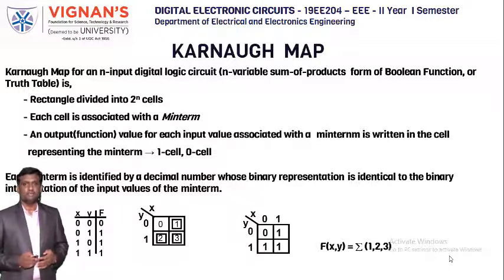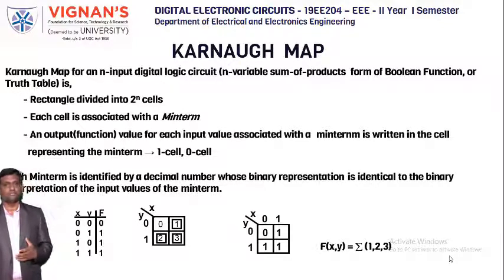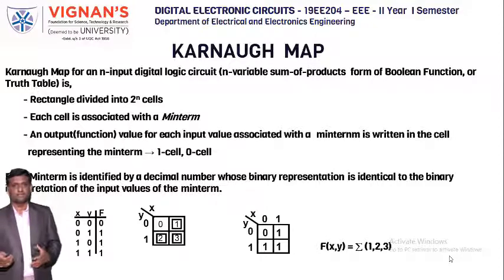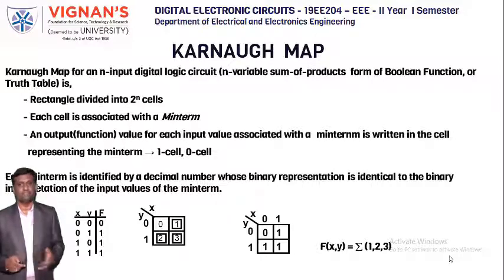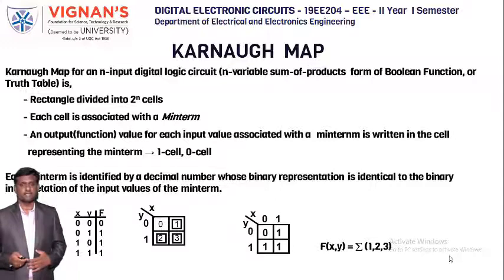So like that, we will represent the K-map for any number of variables, either 3 variable or 4 variable or 5 variable or 6 variable. We can represent any number of variable cells, but the number of cells will be different. So if the 3 variable function, the number of cells are 2 cube, that is 8.